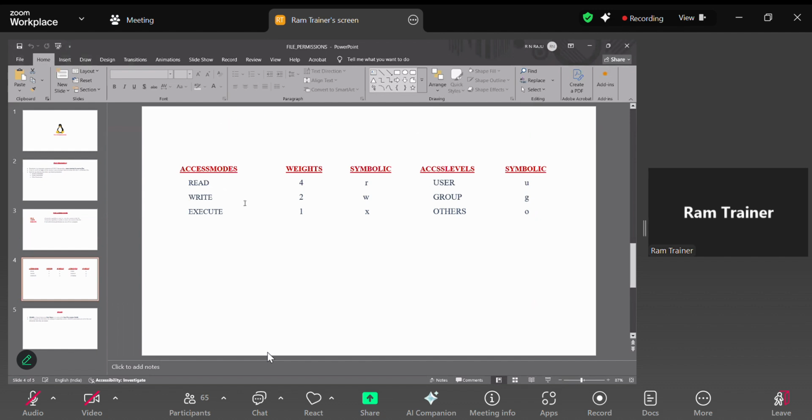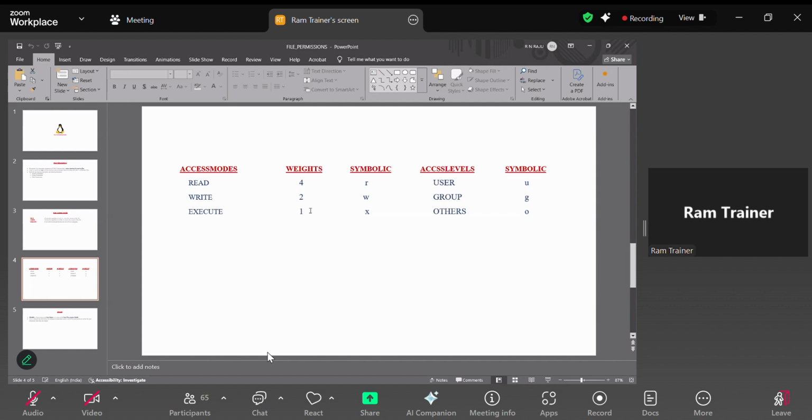What are the access modes, each access mode's weight, that means value, and the symbolic form of these access modes? And what are the access levels, and each access level's symbolic form? For example, read value 4, write value 2, execute value 1.